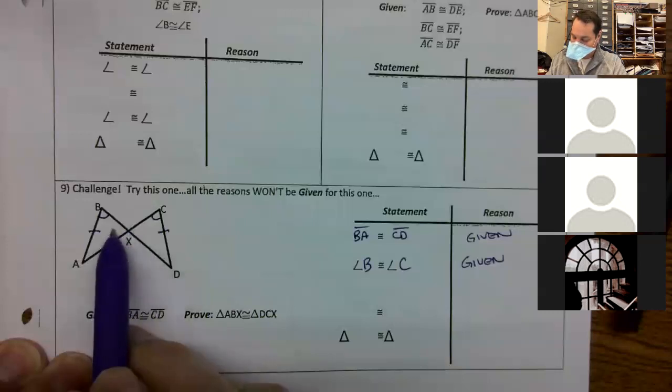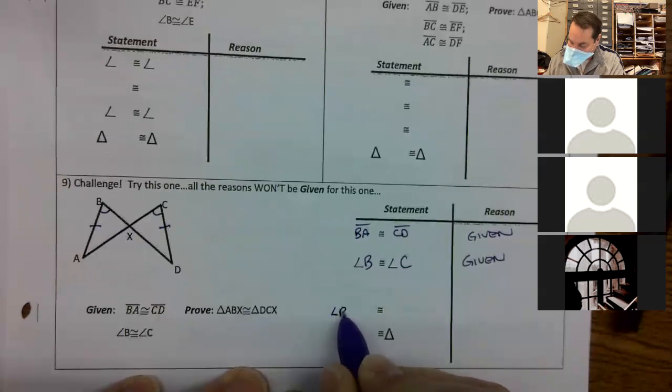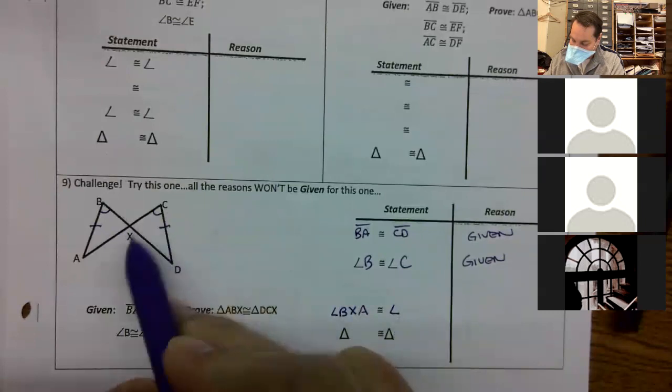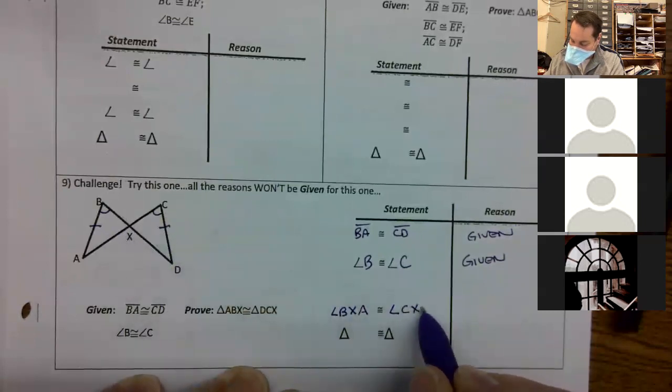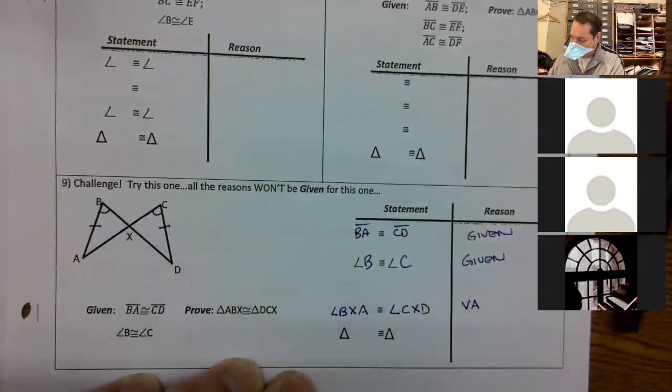I can't tell which angle I'm talking about if I were to call them angle X. But I can say that angle BXA is congruent to angle CXD. And what's my reason for that? Yeah, in other words, I'll write it as an if-then statement that we've used so much. If it's a vertical angle pair, then it's congruent.